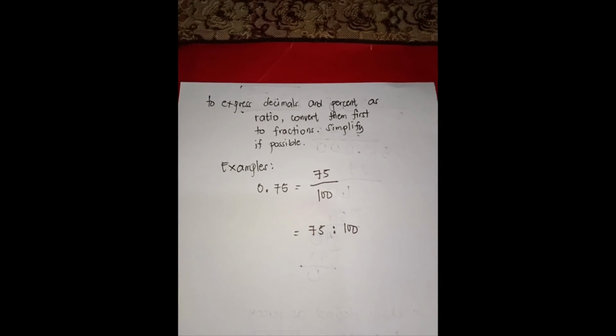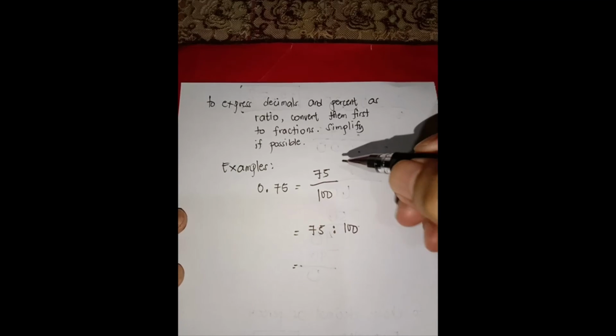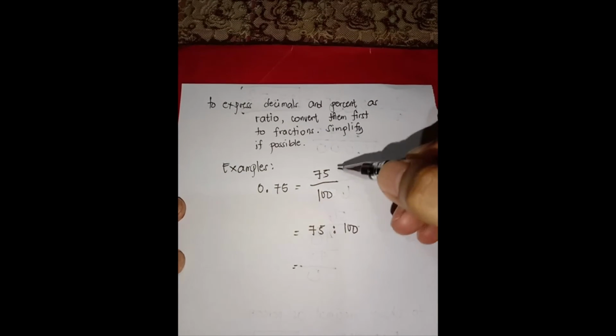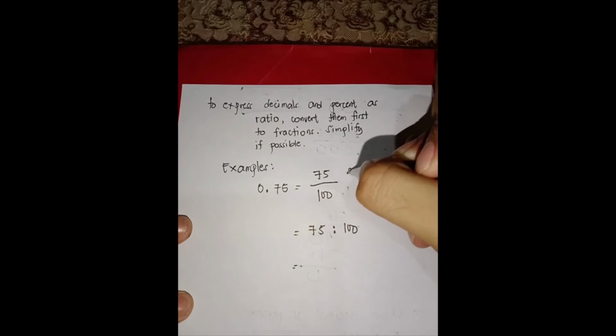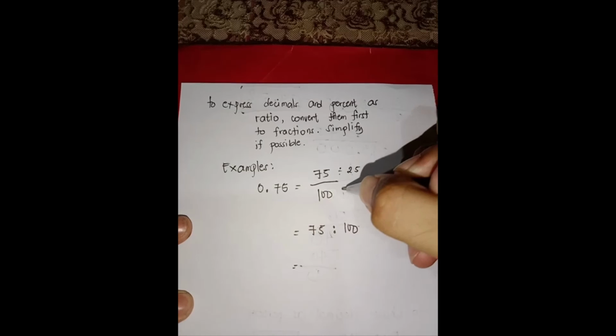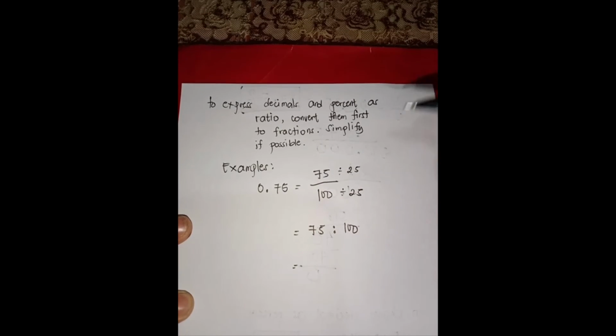And then we will now simplify. So to simplify the ratio, get the GCF. So to make it easier, we simplify here in the fraction. So therefore, we have here 25. So we just divide by 25.